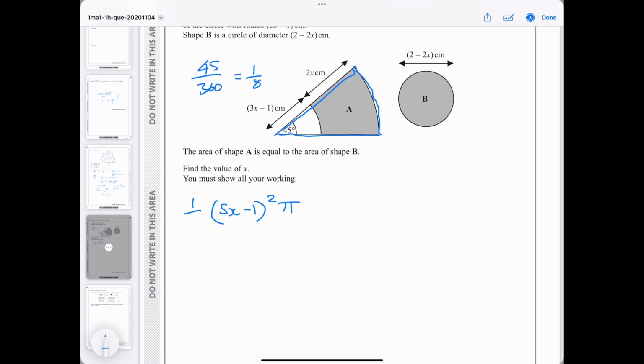So that's 1/8 of that. But that's the whole thing. In order to make it just A, we're going to have to get rid of this bit here.